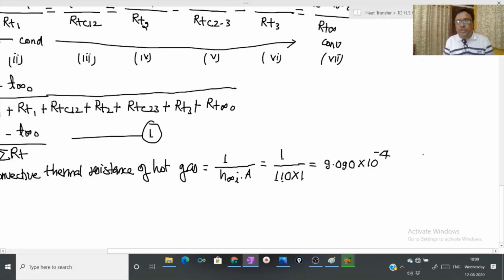Now unit of thermal resistance is generally Kelvin per watt, but since I have taken area as unity, so this unit will be meter square Kelvin per watt. This meter square Kelvin per watt denotes that here the area considered is unity. Please keep this thing in mind.